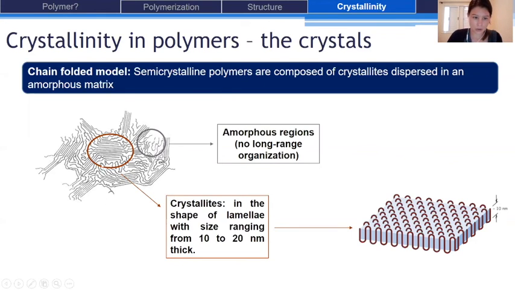This model represents the crystallites as formed by a chain of polymer folded many times to form lamella. These lamella can be composed of different parts of different polymeric chains. And they have a thickness ranging from 10 to 20 nanometers, and a size that is approximately 10 micrometer long.